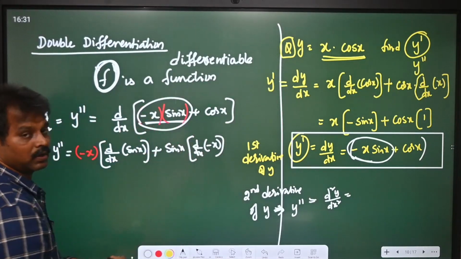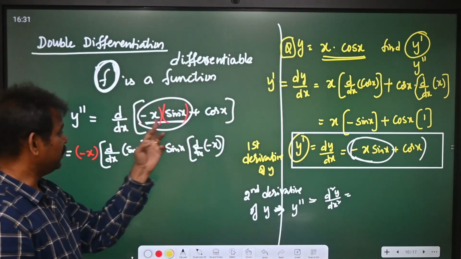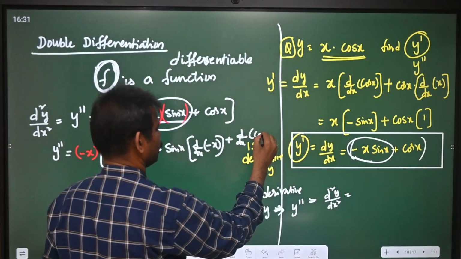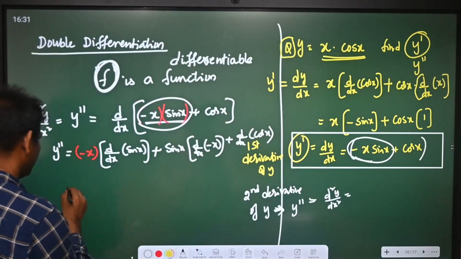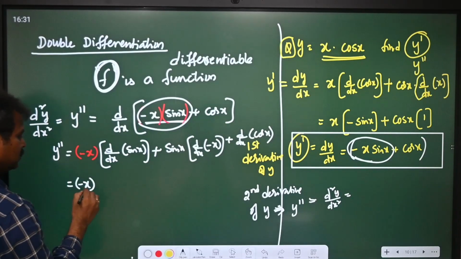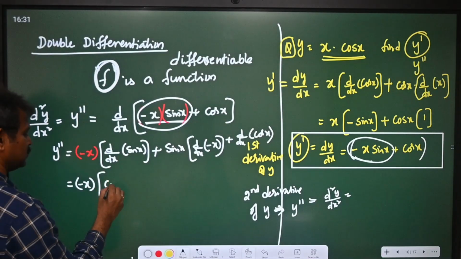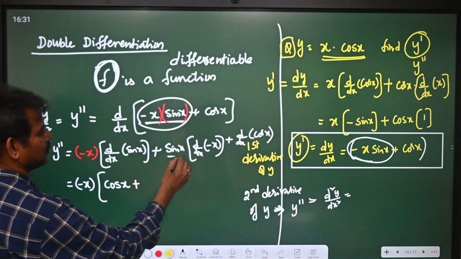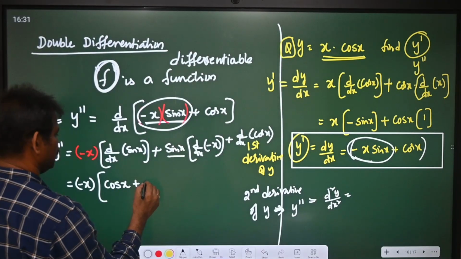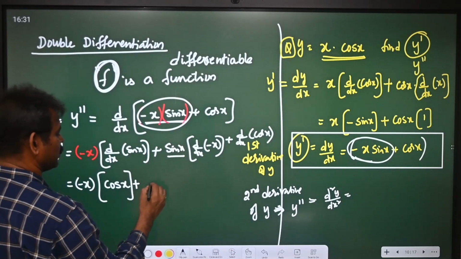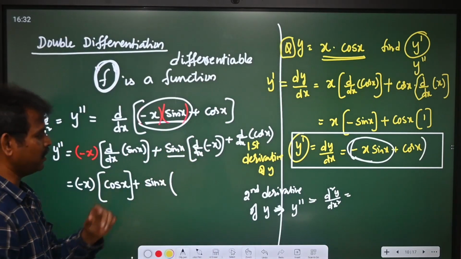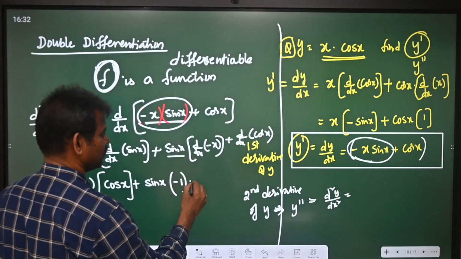So this part is over. Then the next part is d by dx of cos x. Now we can write minus x, the derivative of sin x is cos x, plus, this first part is over, the second part sin x, the derivative of minus x is minus 1.